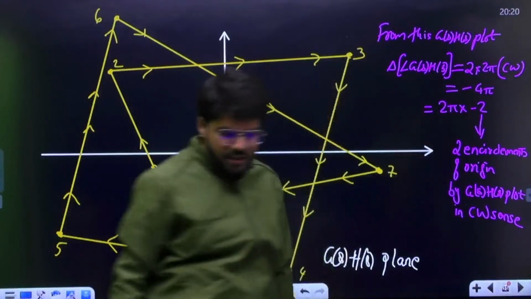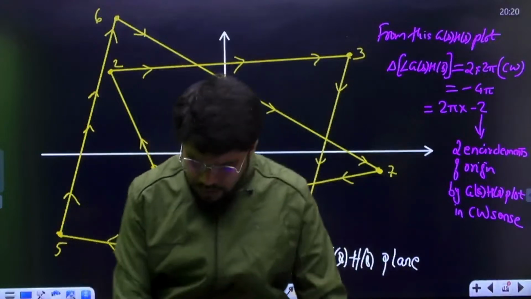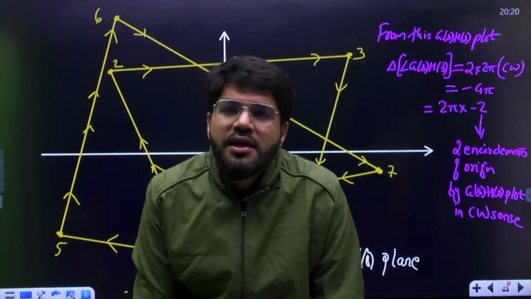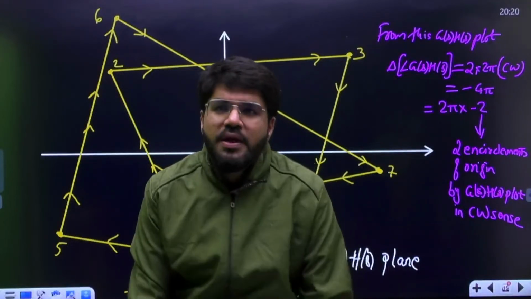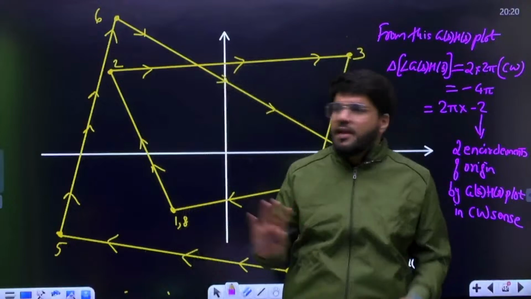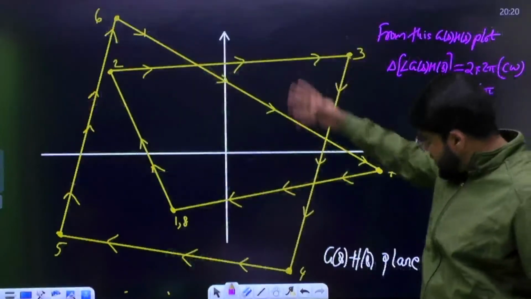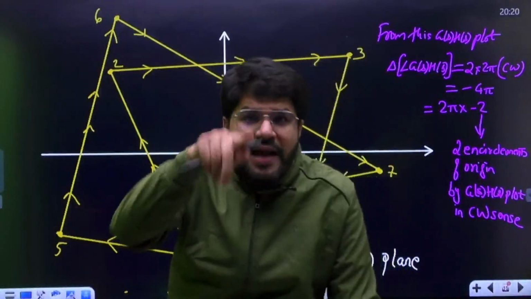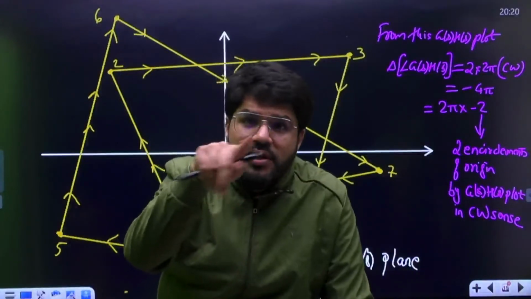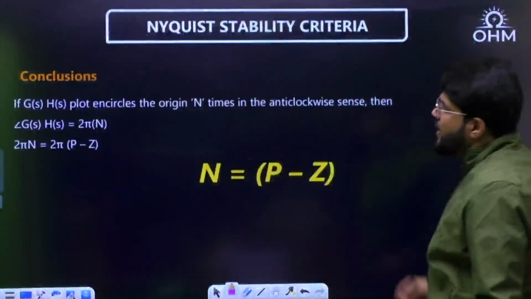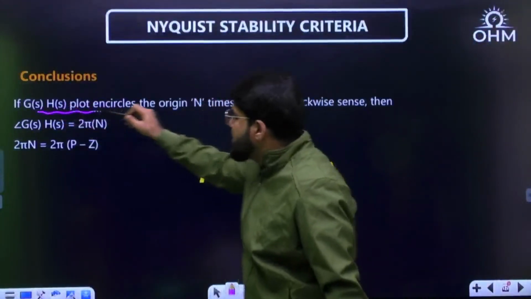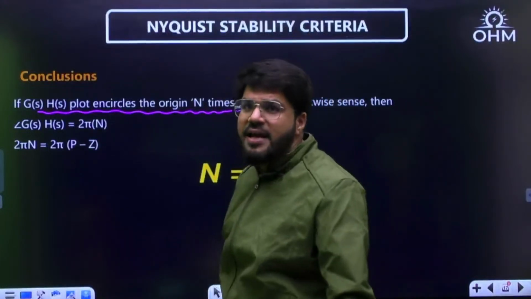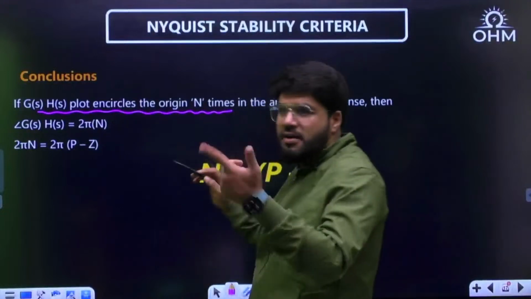Now suppose there is a GSHS plot, like this example or any random example, moving around the origin n times, encircling the origin n times. If a GSHS plot encircles the origin n times in the anti-clockwise sense, I will take it as positive.